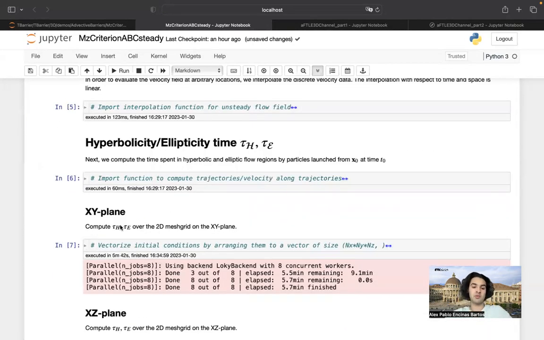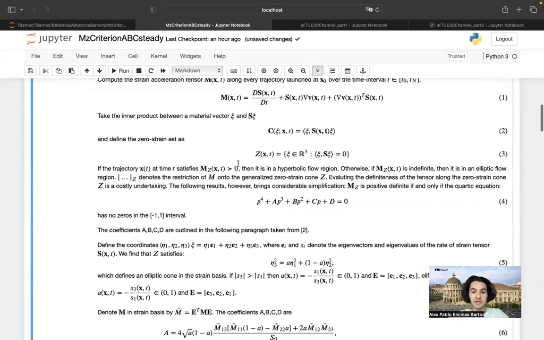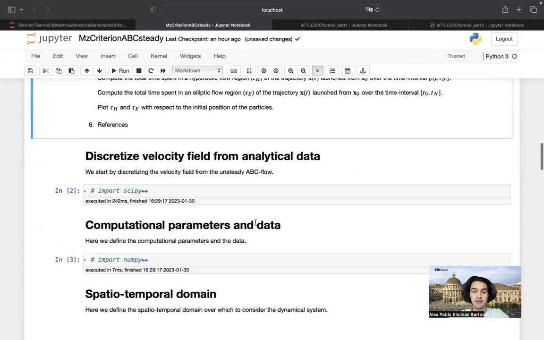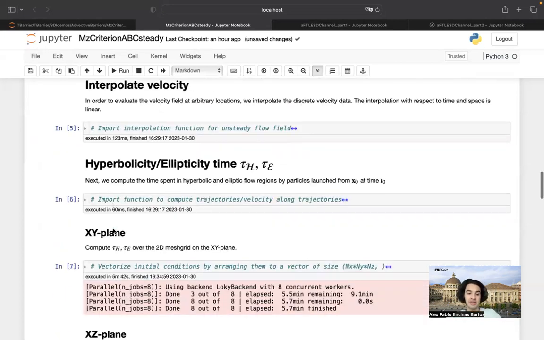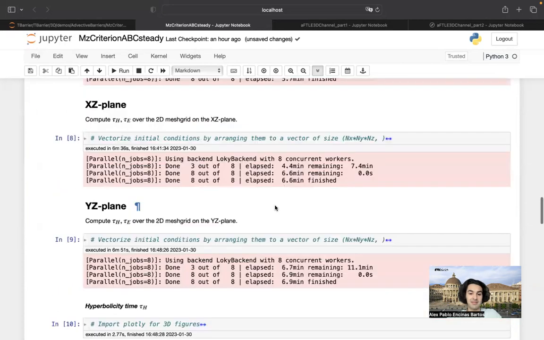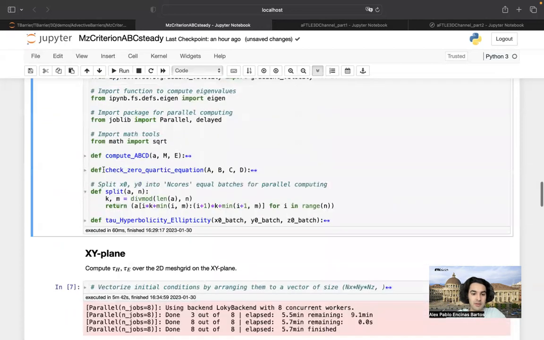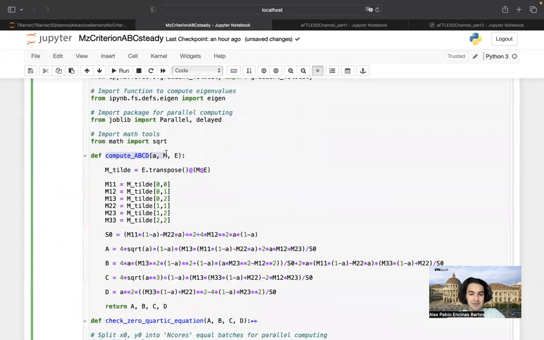When we compute the trajectories and compute the strain acceleration tensor along the trajectories, we first compute them for the XY plane, then for the XZ plane, and then for the YZ plane. We have, of course, various functions. One function is compute ABCD, which simply computes these coefficients.